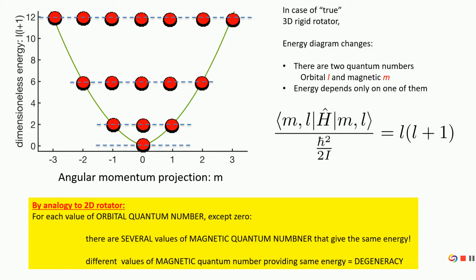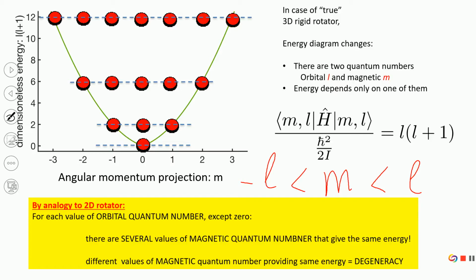The restrictions for allowed values of the magnetic quantum number will be that it must be less than or equal to L in magnitude, so it lies between minus L and L. First we say how much overall rotational energy is stored, and then we can decompose it over different forms of rotation, in plane and out.